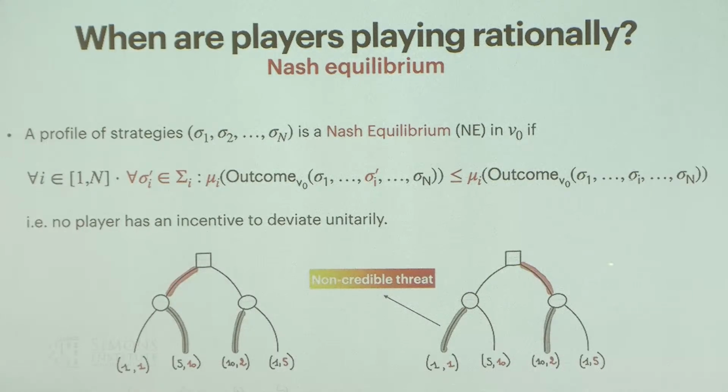Because in reality, if we consider this game and then the square player decides to go there, then it's not reasonable to believe that the circle player will indeed play this, right? So he will have an incentive to deviate. Okay, so that's not a Nash equilibrium in this subgame.